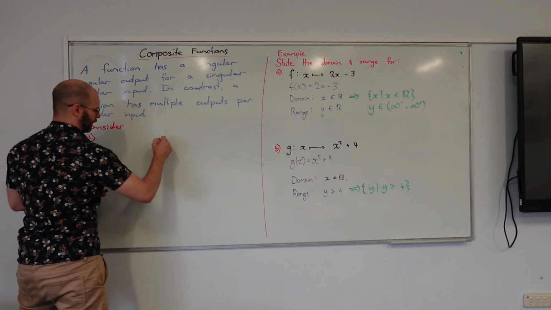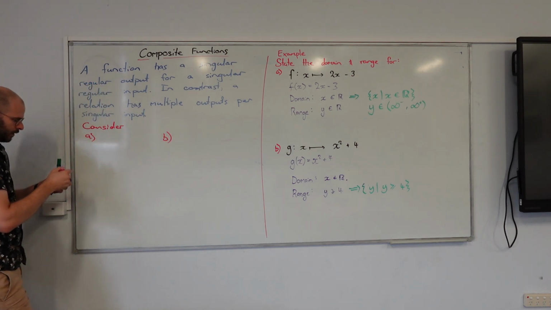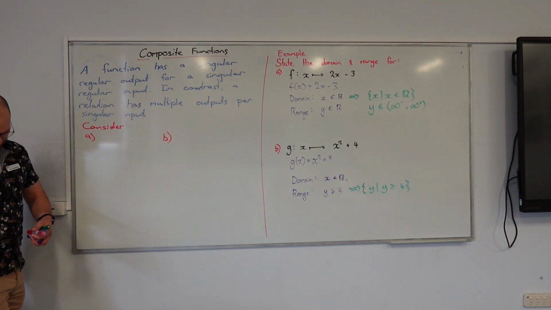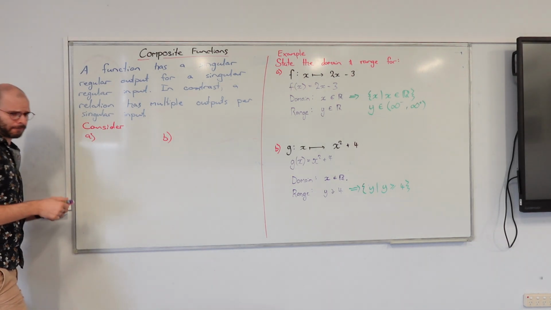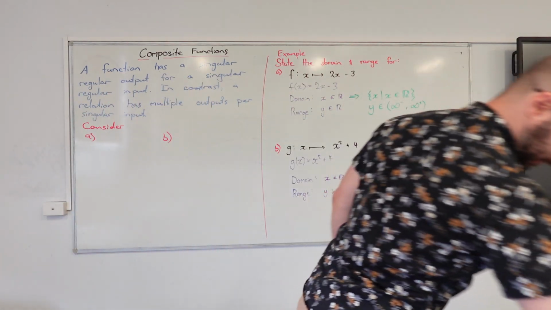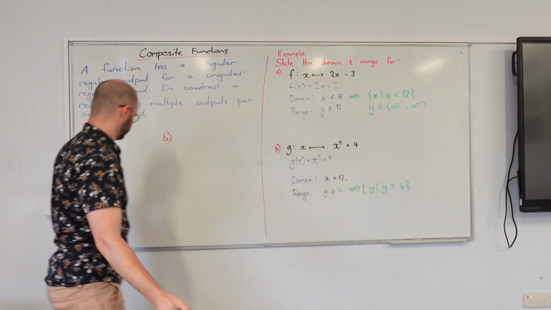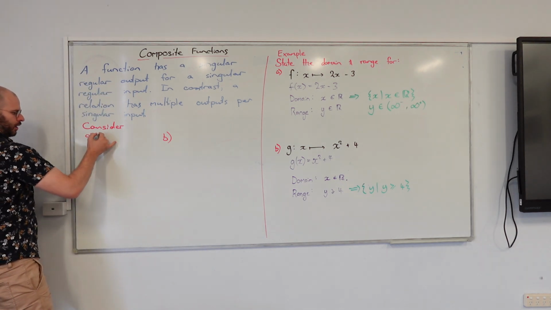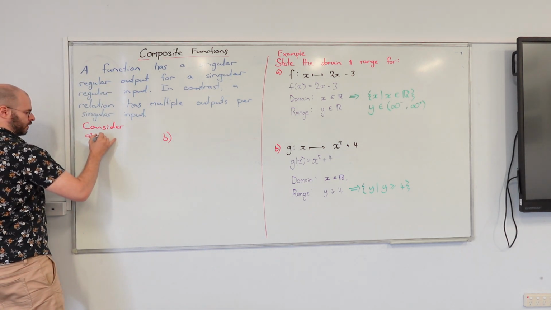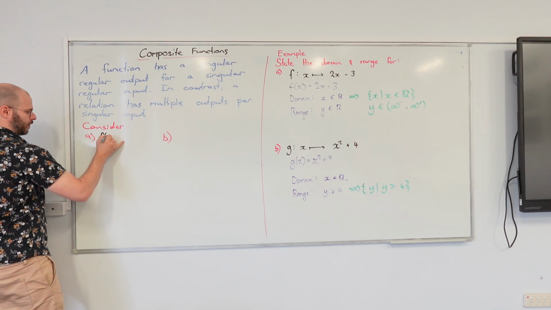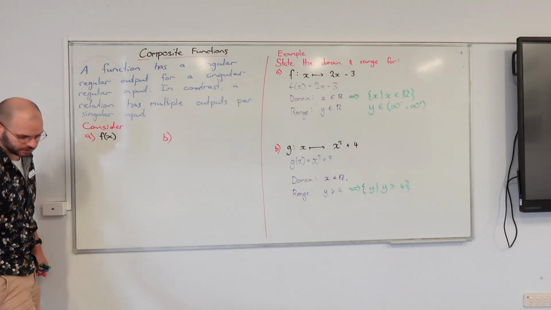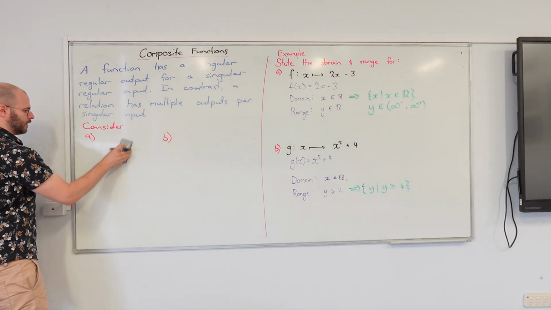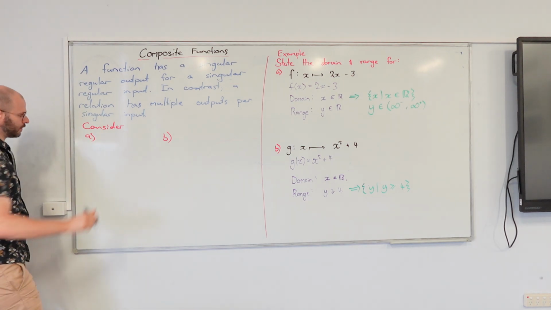Consider A and B. Okay, for A, we're going to go the cubic. We will say f of x, in fact, no, we'll just say y, and I'll explain after.